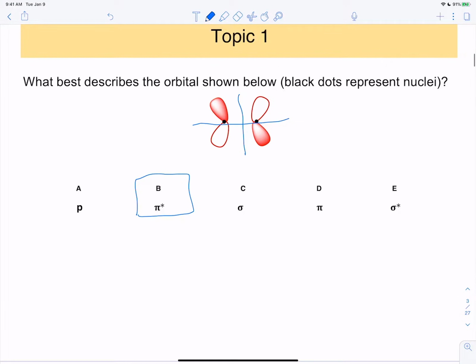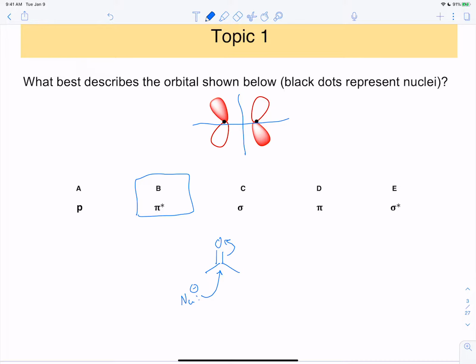So a case where we may want to think about a pi star is in later topics, for instance, the reactivity of carbonyl compounds. Whenever we have a nucleophile added into something like a carbonyl, pretty much any reaction that takes place, whether it's in this class or elsewhere, can be viewed as the combination or interaction of two orbitals.